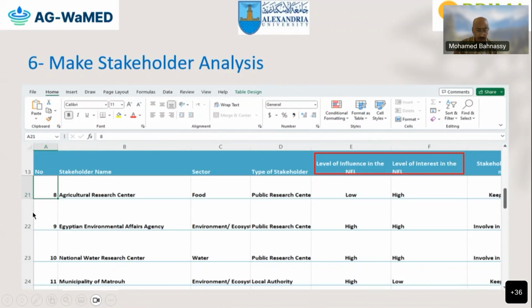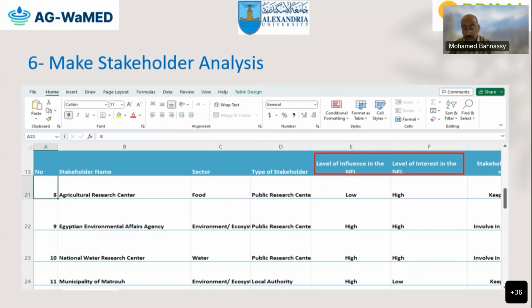For each stakeholder, we see what the different characteristics are. For example, sector, type, level of influence, level of interest. So we gather all this information about the stakeholders.